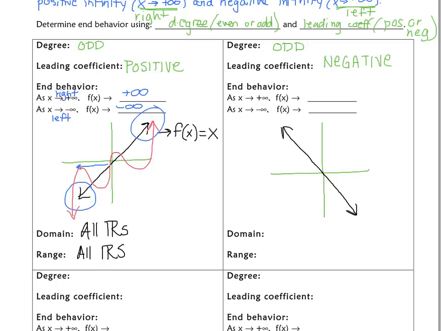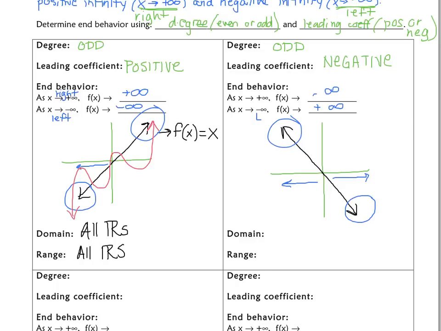As x approaches positive infinity, so you're looking to the right, where's the graph going? What is it approaching? It's approaching negative infinity. And as x approaches negative infinity, so as you're going to the left, what is the graph doing? It's going up. So f of x approaches positive infinity.